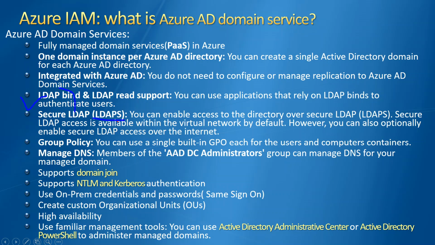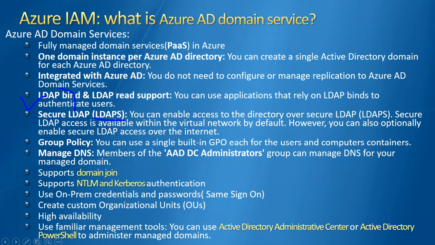So if you had any application which is making use of secure LDAP, which is most organizations where security is of paramount concern, they don't allow open LDAP or unencrypted LDAP, which is on port 389, rather they mandate you to use LDAPS. So that is also supported. So if you had any application which wants to make use of that, that can also make use of this Azure AD Domain Services.